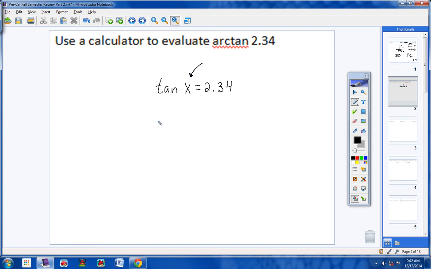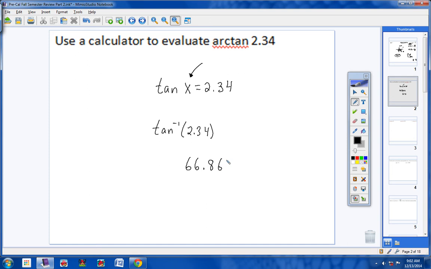So with my calculator, I'm going to make sure first of all I'm in degrees, and I am. Second of all, I'm going to hit second tangent, and when I do, this pops up on my screen. Then I'm going to type in 2.34 and close the parentheses and hit enter. And I'm getting 66.86 degrees.